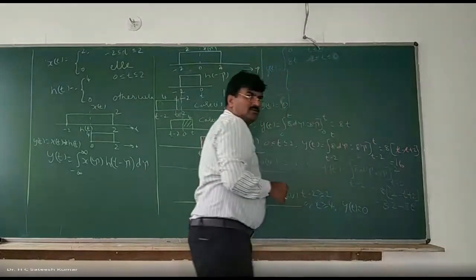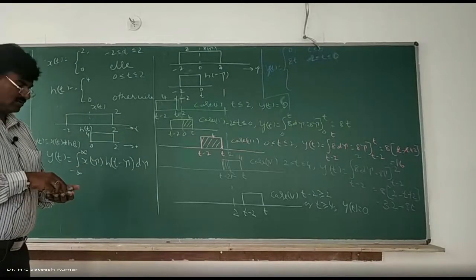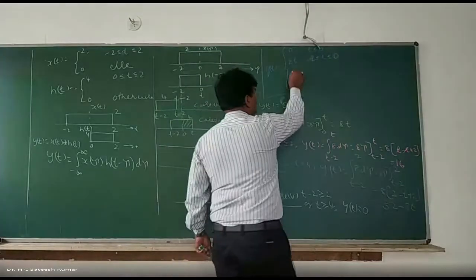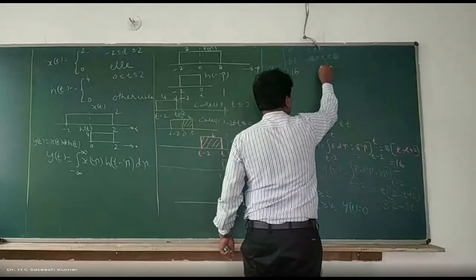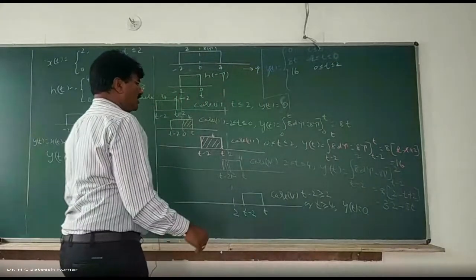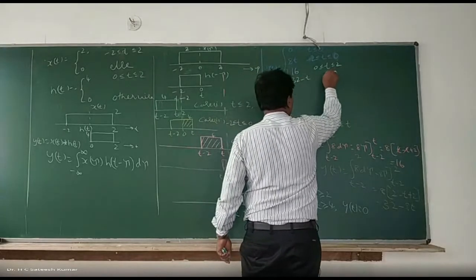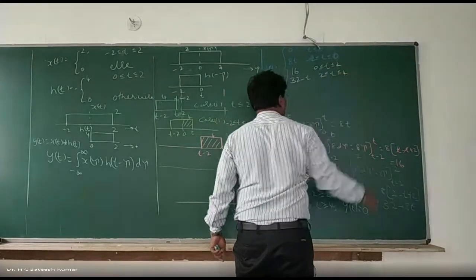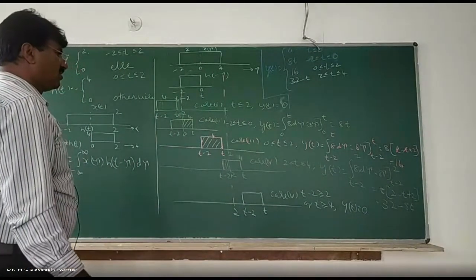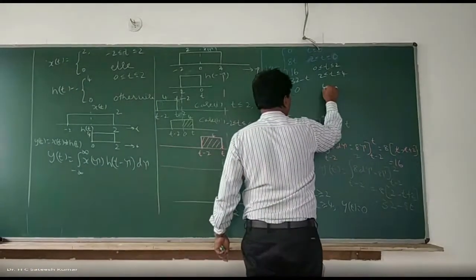Is it visible? No. Blue color? Okay, right, so I'll change it. Next, y of t is equal to 16 for t lies between 0 to 2. And is equal to 32 minus 8t for t lies between 2 to 4. Okay, right. And is equal to 0 for t greater than or equal to 4.